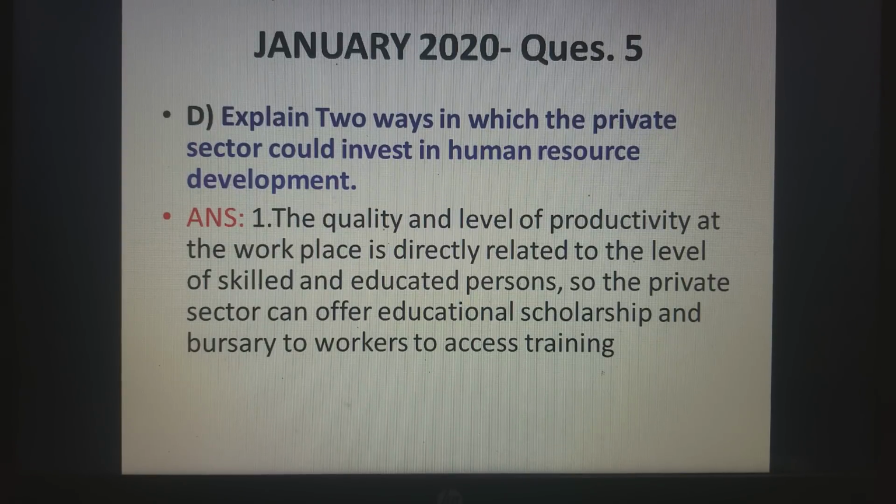Their level of training and level of ability in doing the job task. So it directly relates to the level of skilled and educated persons. So the private sector can offer educational scholarships and bursaries to workers to access training.